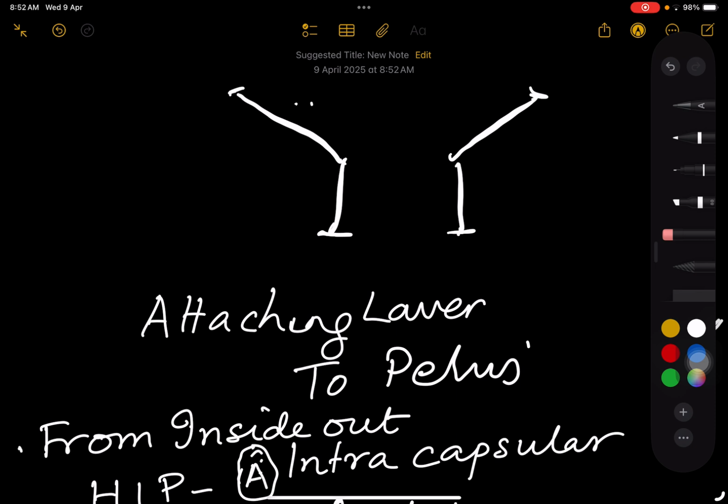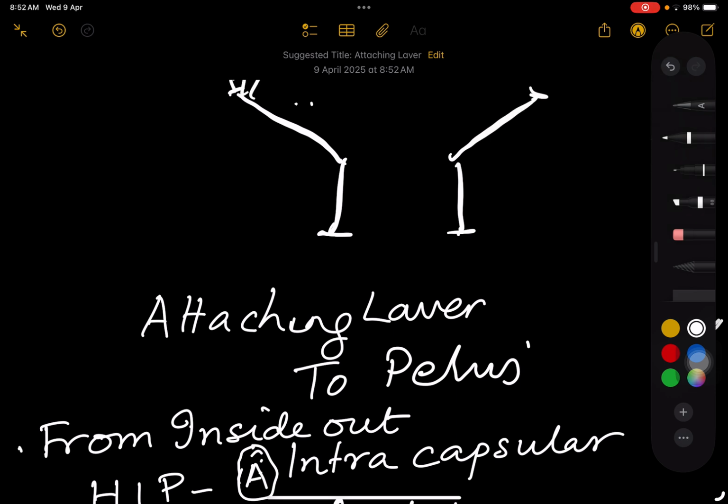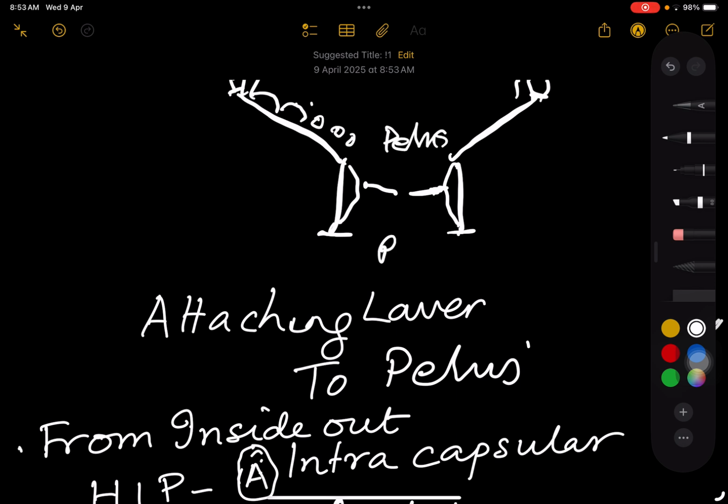Then we went inside the pelvis, looking from inside, and we suspended the pelvis from the abdomen by the three muscles: transversus abdominis, internal oblique, external oblique, then the iliacus, the psoas, the artery, vein and nerve, then the obturator internus, and then we placed the levator ani, which is the diaphragm, a horizontal muscle which divides the inner cavity into pelvis above and perineum below.